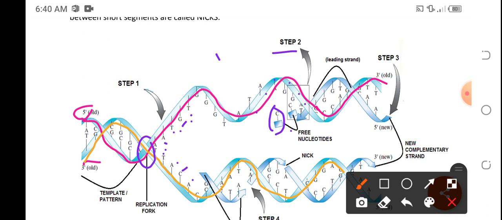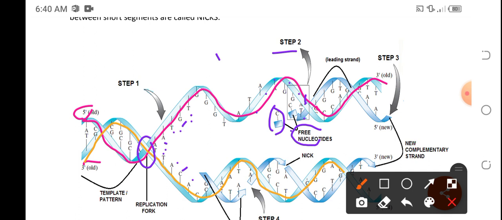So, if there are nucleotides na naka-expose dyan sa template strand, yung free nucleotides will base pair with the nucleotides in the template strand.